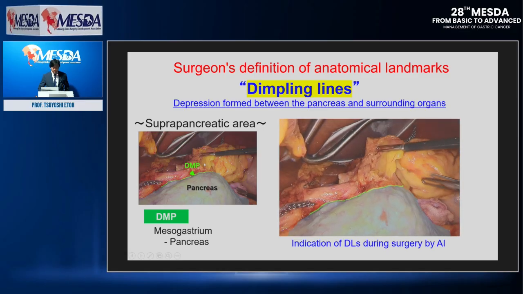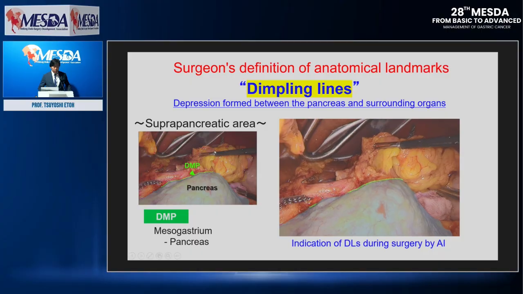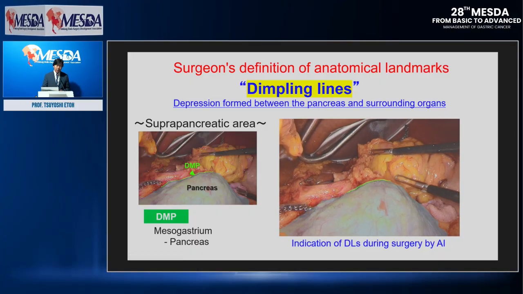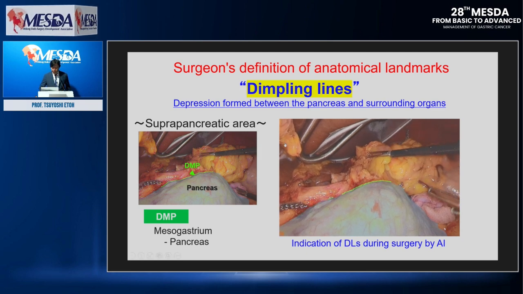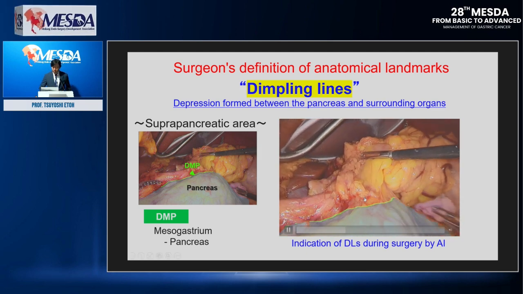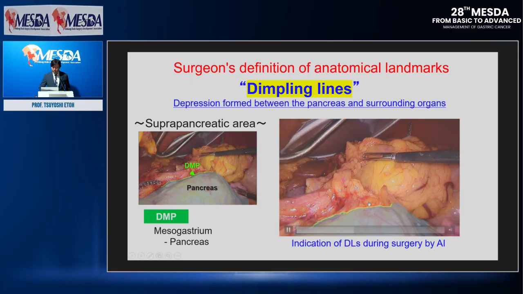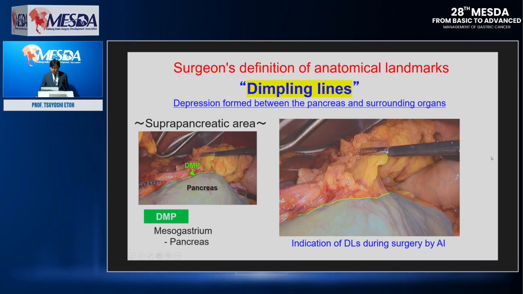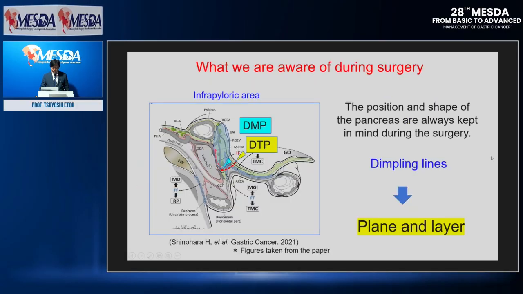This is the pancreas, and this is the gastromesothelium, including number 8, number 9, or number 11 lymph nodes. We can see the dimpling lines indicated by green lines, like this. So what we are aware of during surgery: we think this is the transverse mesocolon.